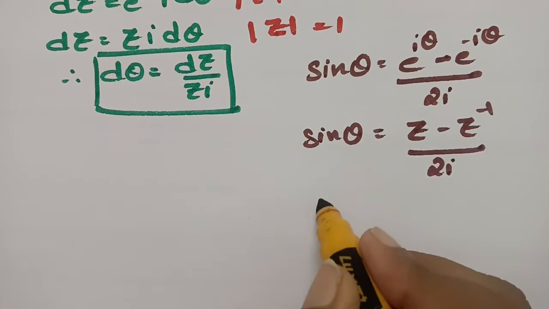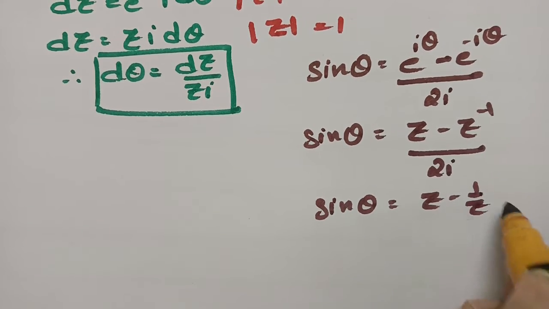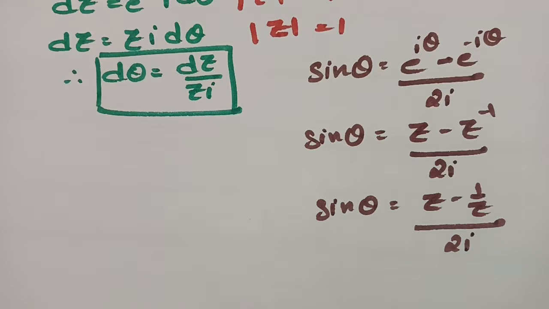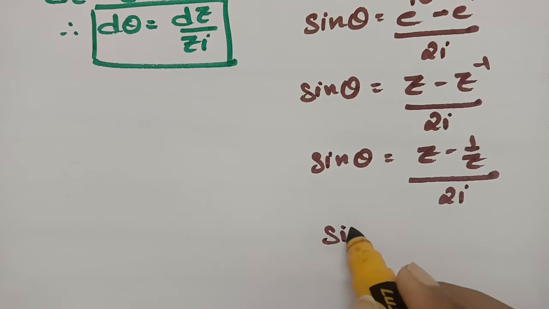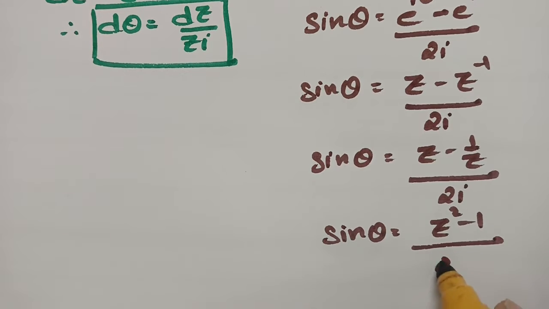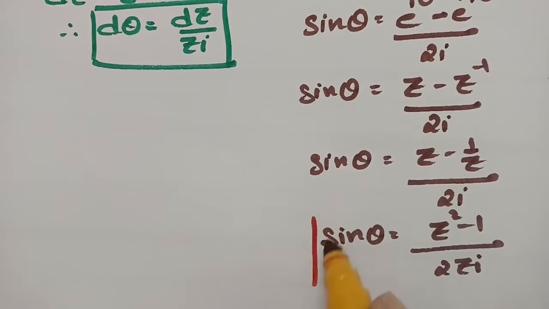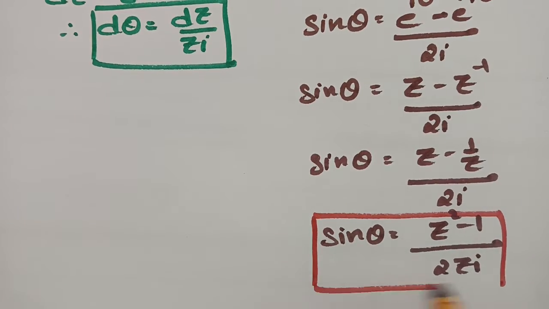So sine theta is equal to z minus 1 by z, by 2i. So sine theta is equal to z square minus 1 by 2zi, if I bring it to the denominator. And therefore we got sine theta and d theta, and everything is ready.